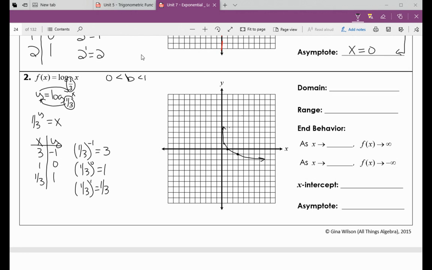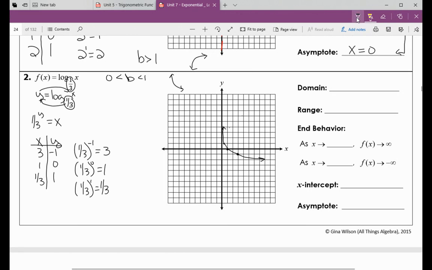Up here in the first example, our base was bigger than 1. So that's why the graph went this way. And when your base is smaller than 1, it goes this way. But notice we still have not crossed that y-axis yet.